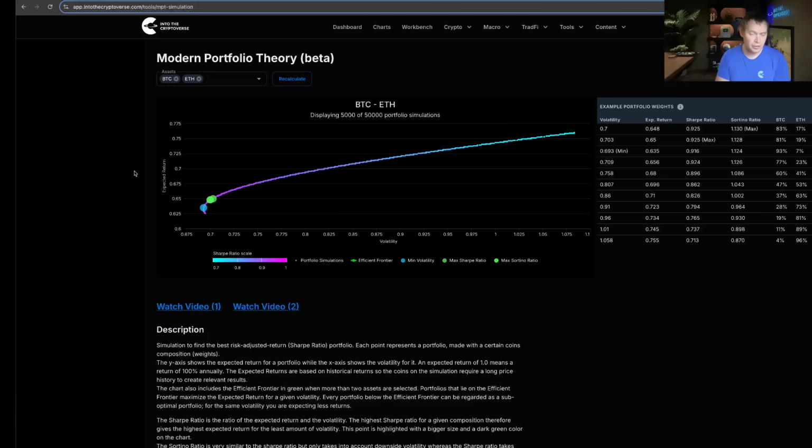Now, what we're going to do is figure out how you can construct a portfolio based on risk-adjusted returns. There's one thing that people will do, and they'll talk about all these micro cap cryptocurrencies that might go up a lot in really short periods of time, and then they drop just as much the next day.